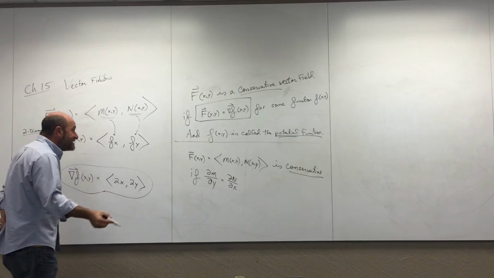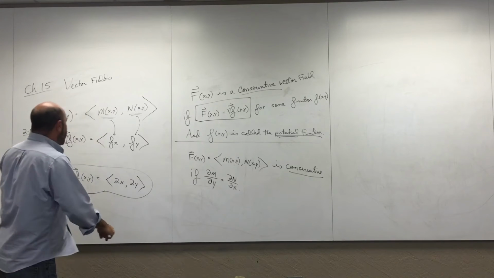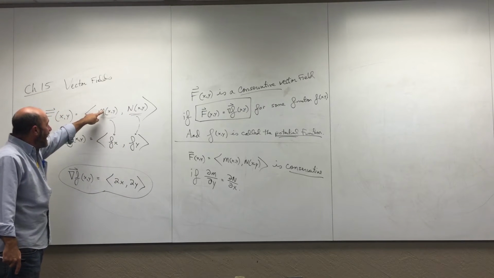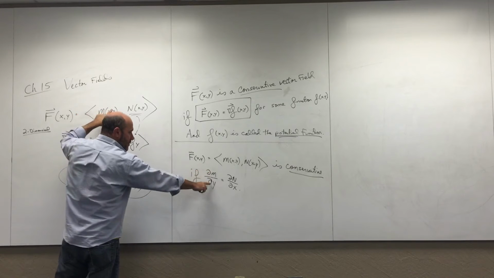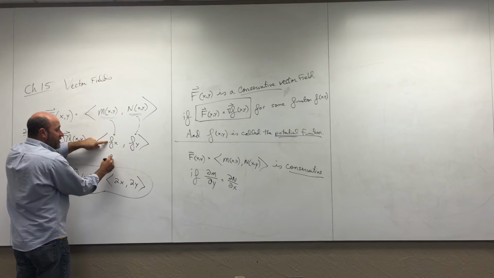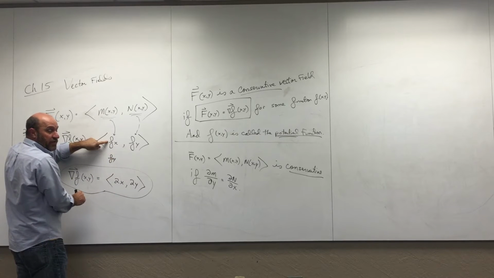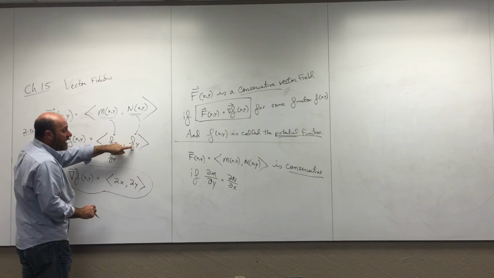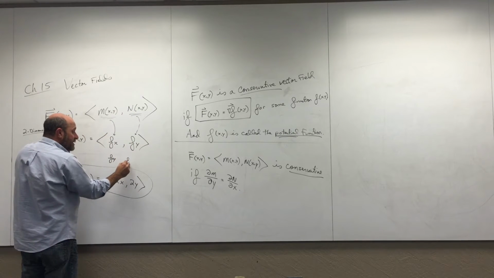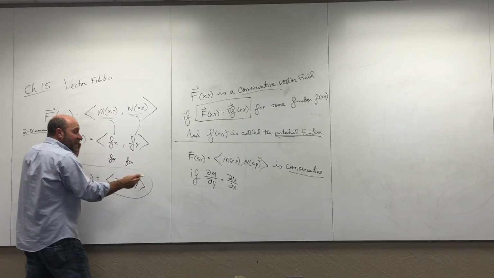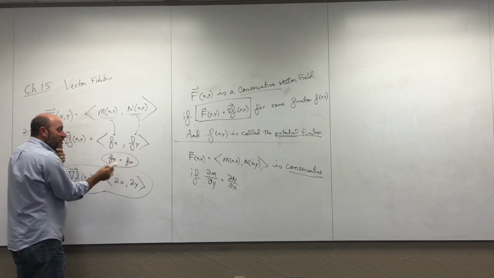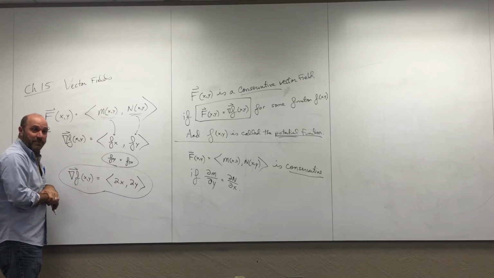Then the test says to do the derivative of M with respect to y, dM/dy, which is like looking at a second mixed partial, and the derivative of N with respect to x. Essentially, you could restate that like this for some potential function f.